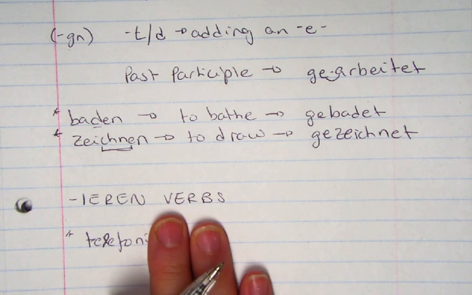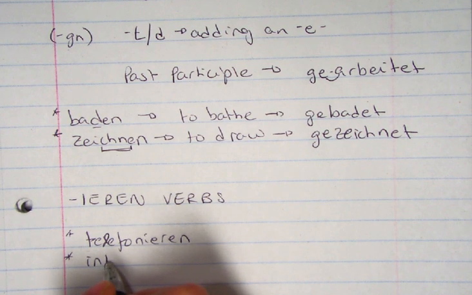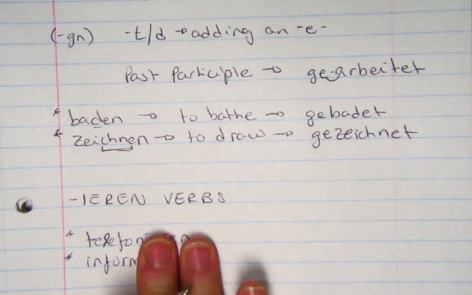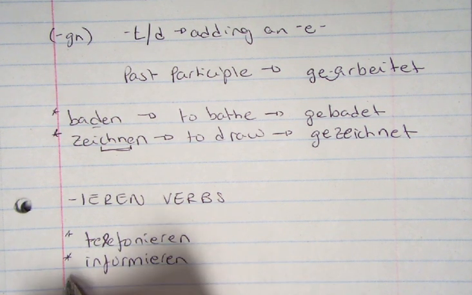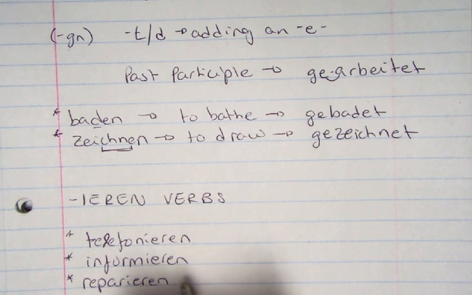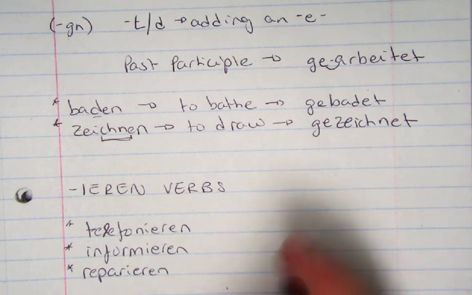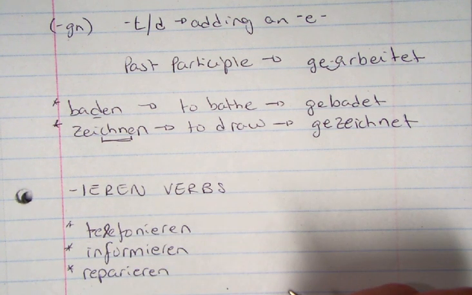Then you have a word that I think you learned at the beginning of this year. It's informieren. So you have inform, and then we add an ieren to the end of that. You have reparieren. Now that's spelled a little different, but that is repair, so to repair. So informieren, telefonieren, reparieren. There are lots more of these, and they all look like English words.